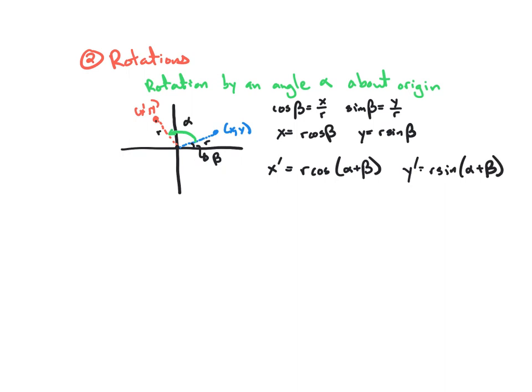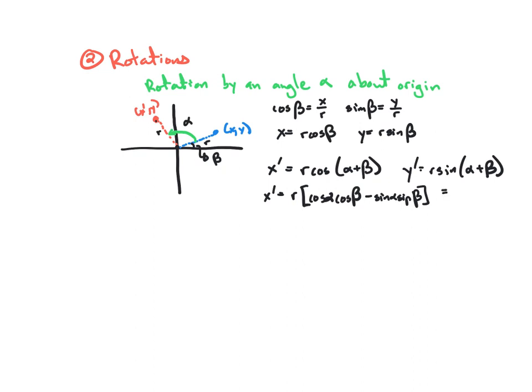So in order to simplify this, we know that we have angle sum formulas, which if you have forgotten those, this is your opportunity to look them back up. Okay, so angle sum formulas, we just make a little substitution here and we say x prime equals r times the sum formula for cosine, cosine alpha cosine beta minus sine alpha sine beta.